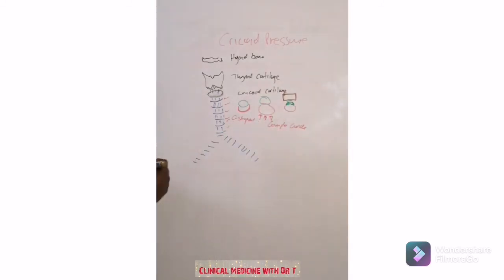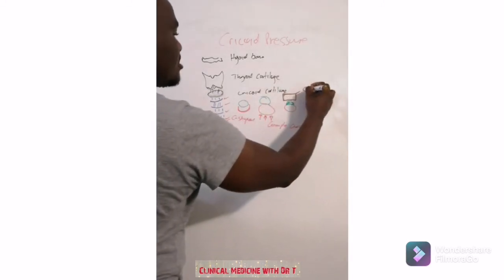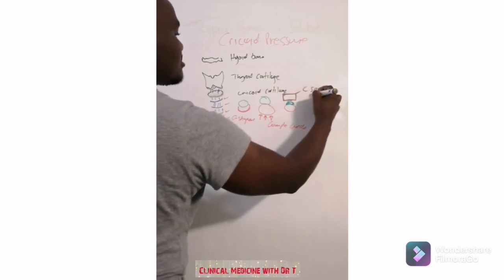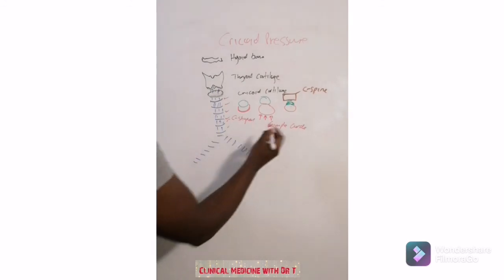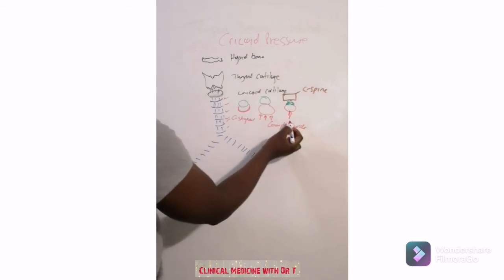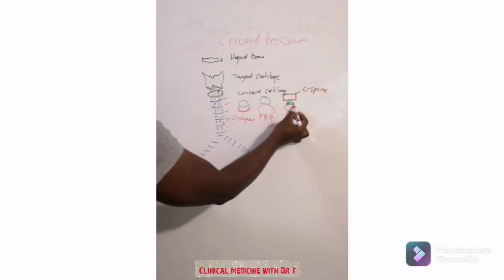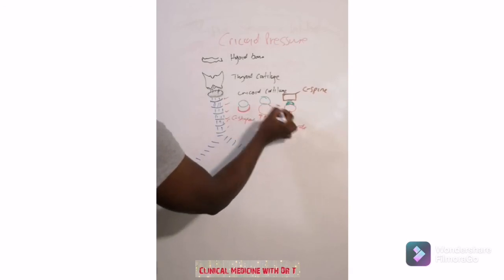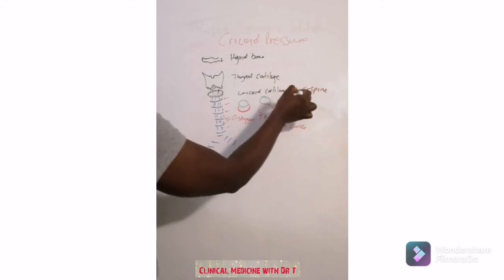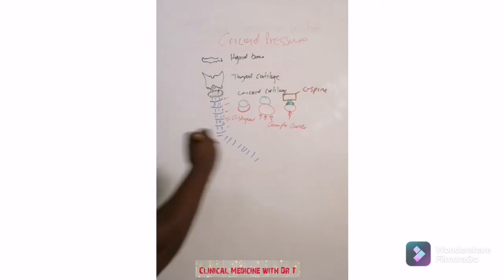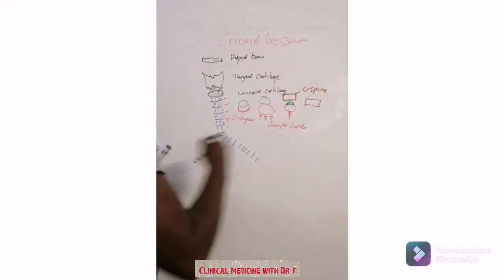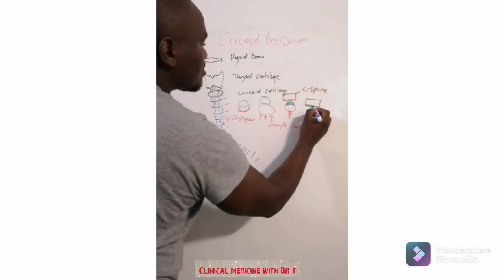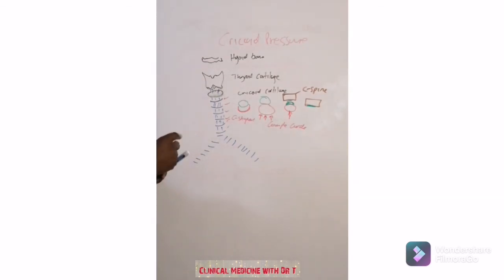If you push the cricoid cartilage, this posterior aspect will squeeze the esophagus against that cervical vertebra, such that you end up having something like this.